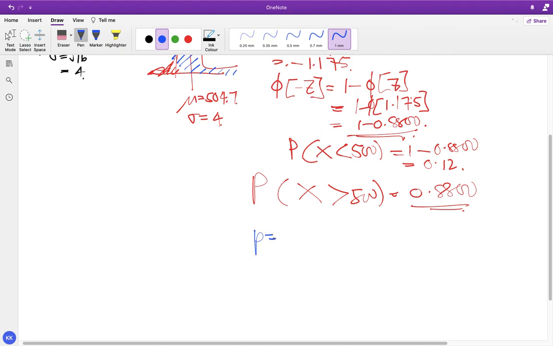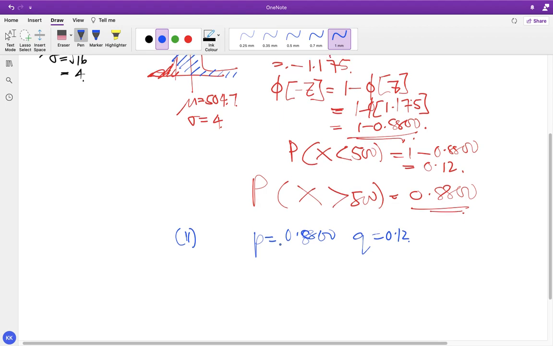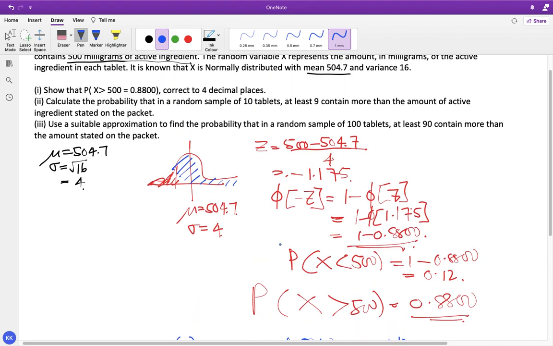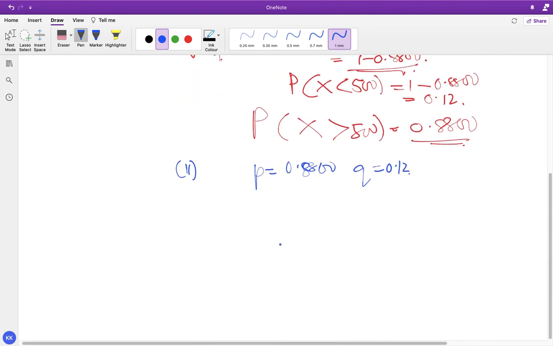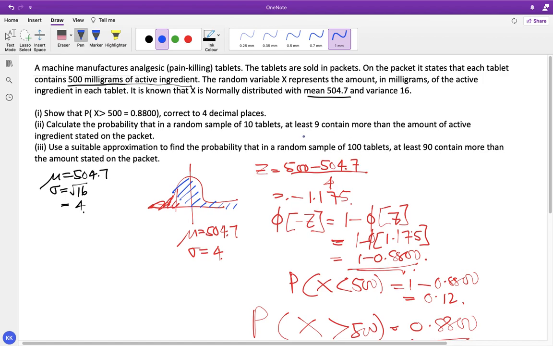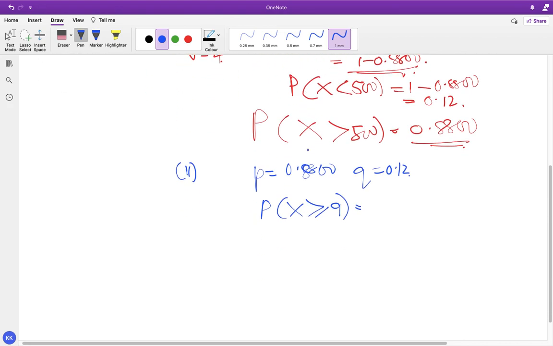P equals the part 1 answer, so P equals 0.8800, therefore Q equals 0.12. Out of 10, 9 should contain more than the amount. The question wants at least 9, so 9 and more, nothing less than that.